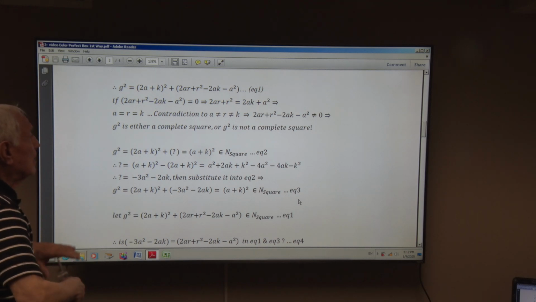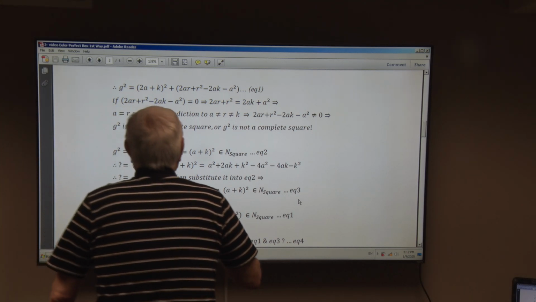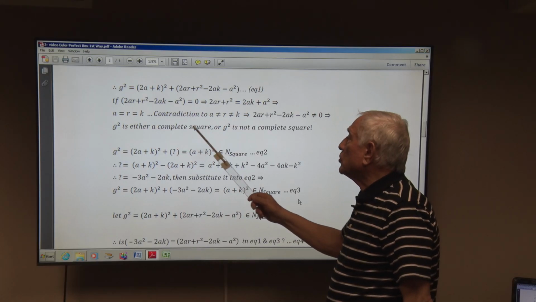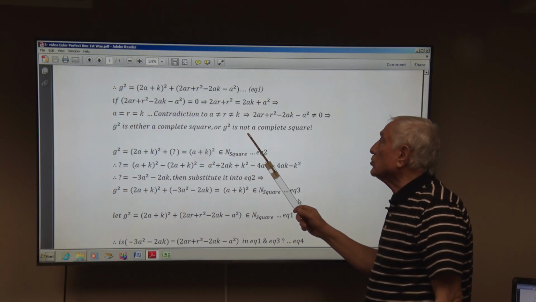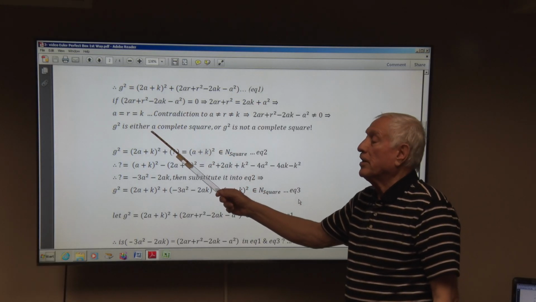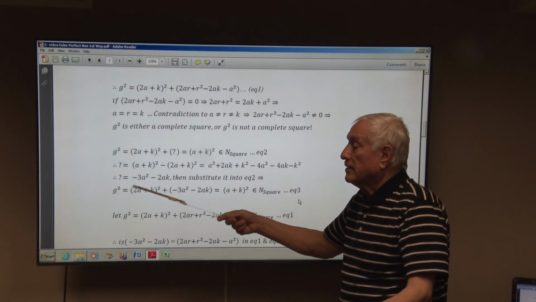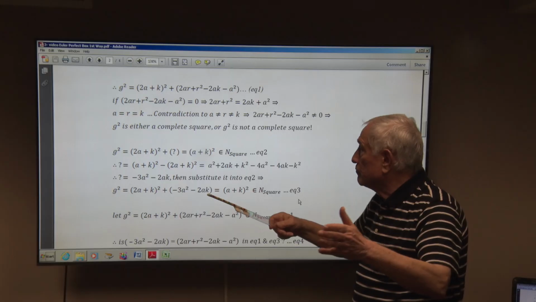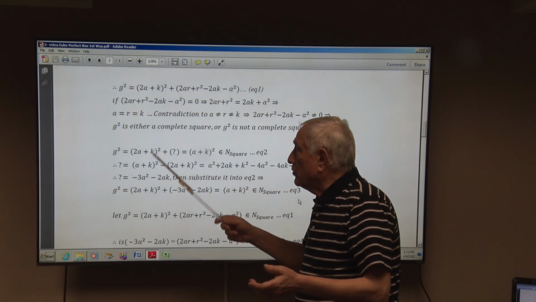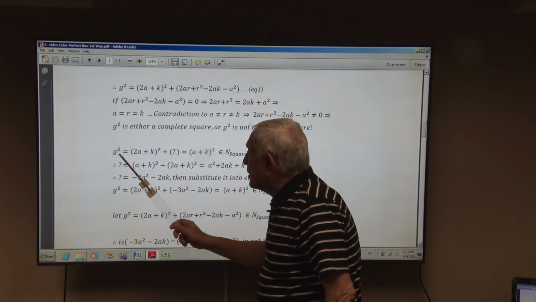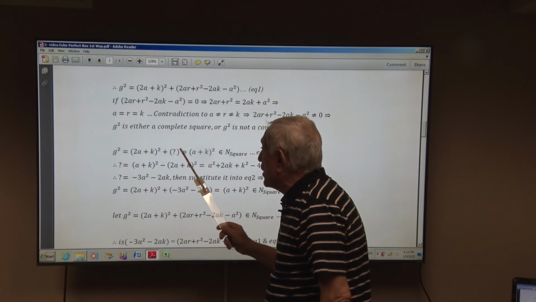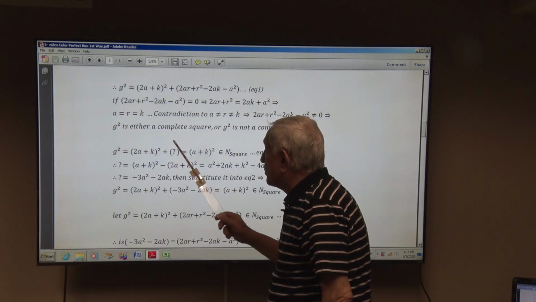Then what shall I do? I am telling you, g square in this case is either a complete square, like 9, or not a complete square, like 8. Second thinking. See, I came to equation 2. Let g square equal ak plus unknown.